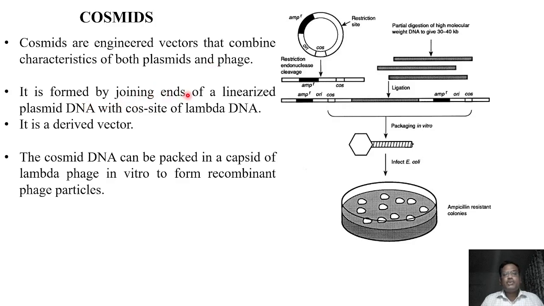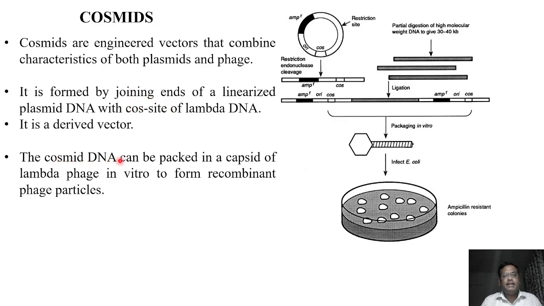It is formed by joining the ends of a linearized plasmid DNA with COS sites, the cohesive sticky end sites of lambda DNA. It is a derived vector, right? So you can consider it as a combination of plasmid and phage. It is a hybrid, right? It is produced by joining both plasmid and phage vectors through the COS site.